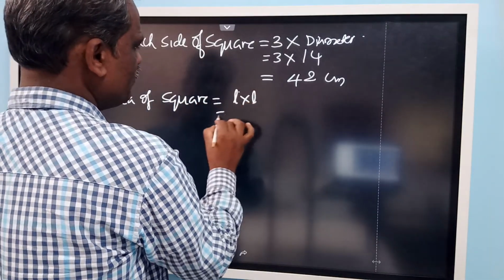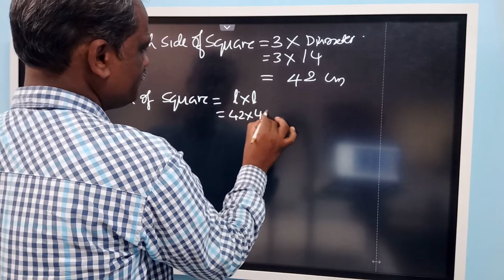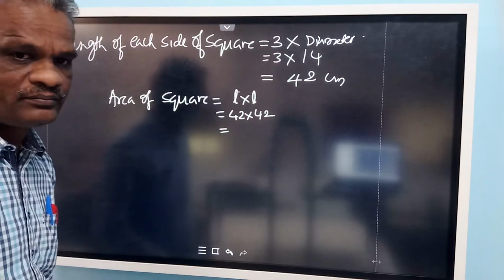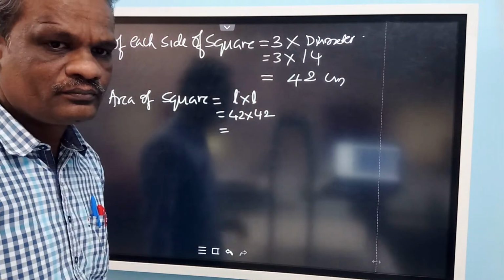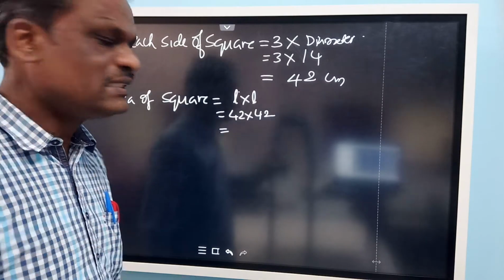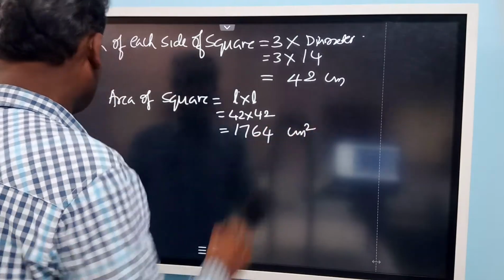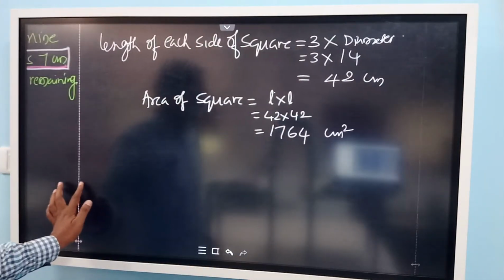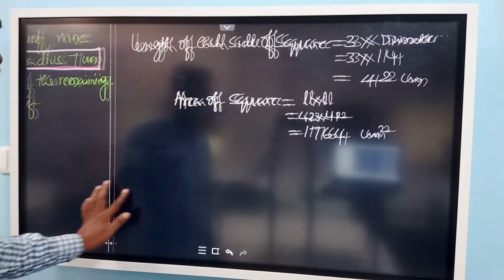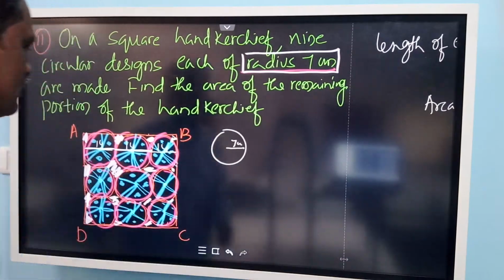What is the answer? 42 into 42. What is the area? 1764 centimeter square. Okay. So area is equal to 1764 centimeter square. That is the area of the square.